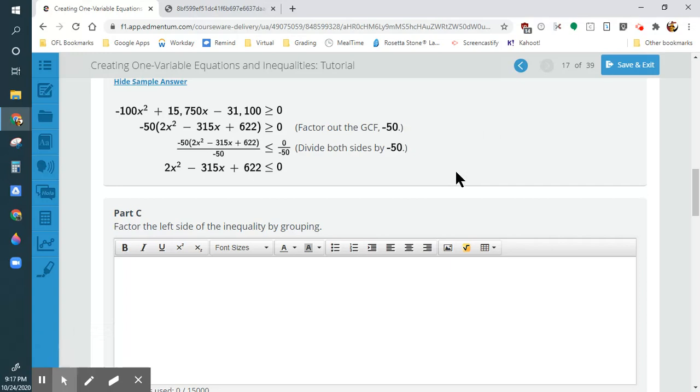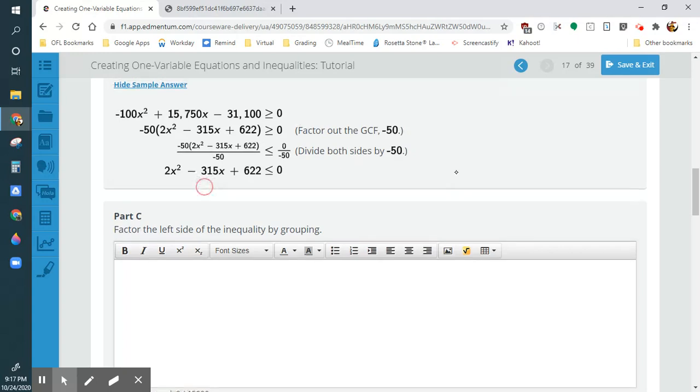All right, so I need to get an even number on this side and an odd number on the other side. So what I'm going to try to do here, I'm going to try factoring by 5. I factor by 5, I get negative 63. Still don't get an even number. How do we get an even number out of this? Because I need to factor out this 2 somehow.